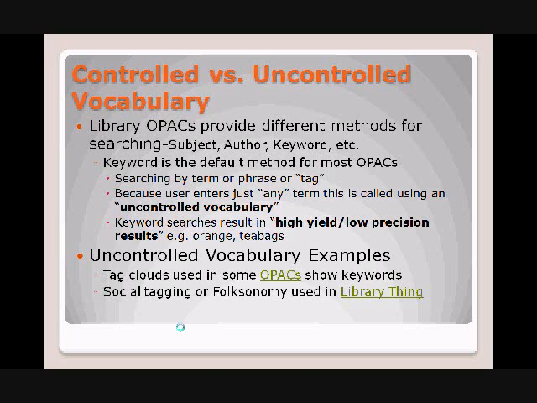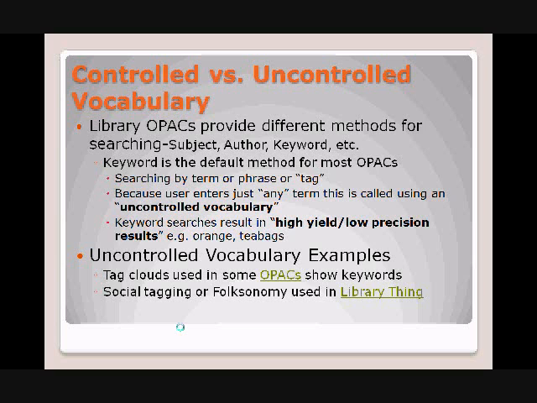Keyword searching is a style of searching that searches the entire bibliographic record by phrase or term. These are often called nowadays tags. And searching by keyword, a user can enter just any term, and this is called uncontrolled vocabulary.